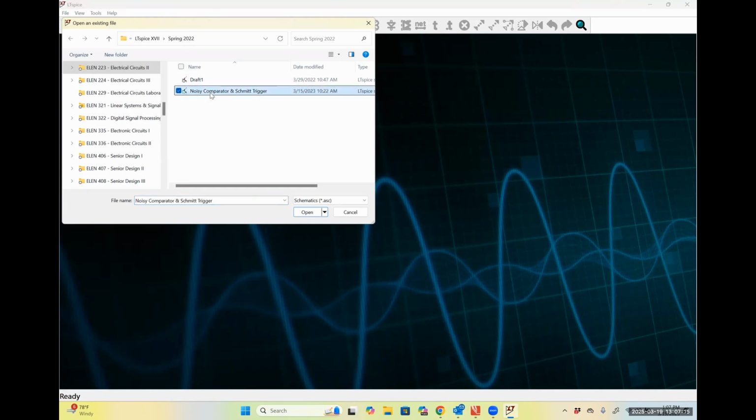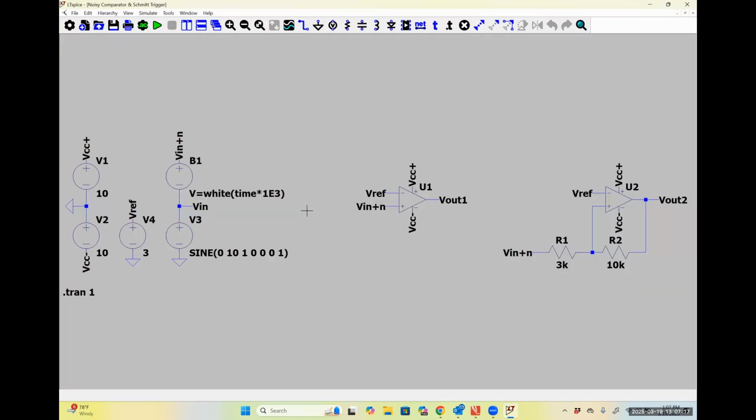So here we go, noisy comparator and Schmitt trigger. So this circuit here in the middle of the screen is essentially the comparator that we built at the end of our last class meeting, right?